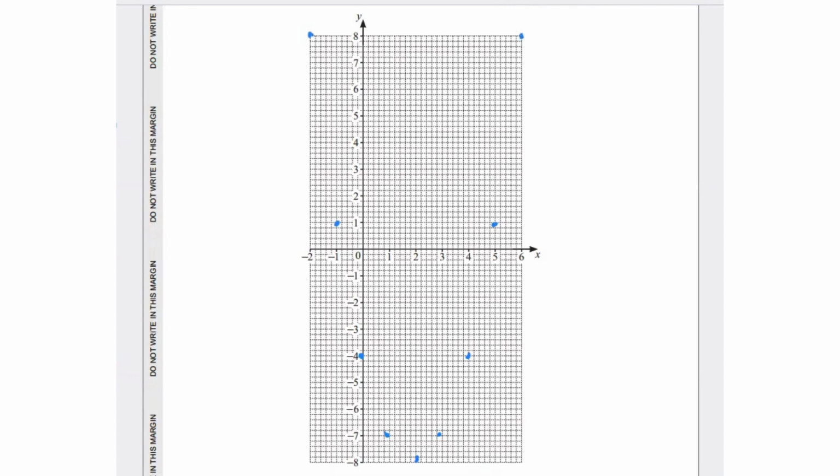This is a quadratic graph, drawn as neatly as I can.